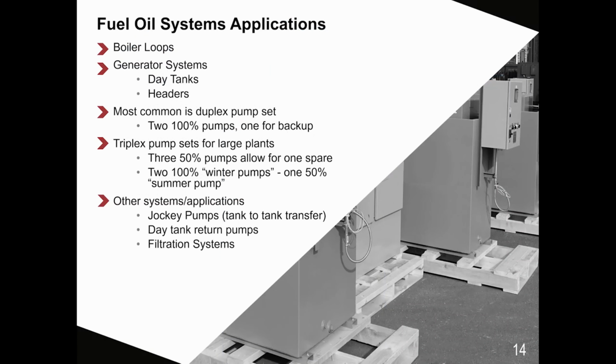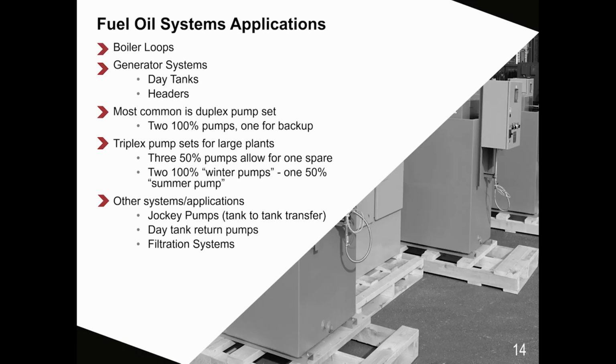Fuel oil systems applications: we have fuel oil boiler loops at high or low pressure. We have generator systems utilizing remote day tanks or belly tanks or headers. Most common are duplex pump skids, which will have 100% redundancy.